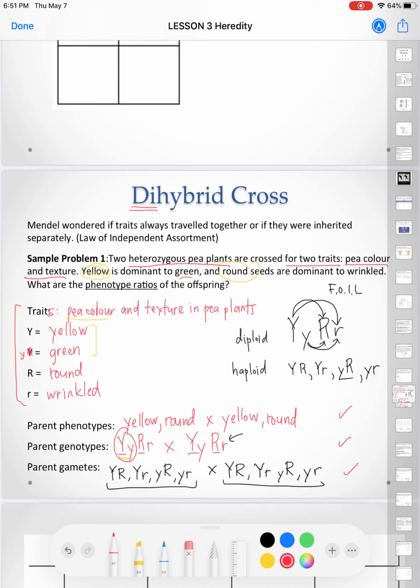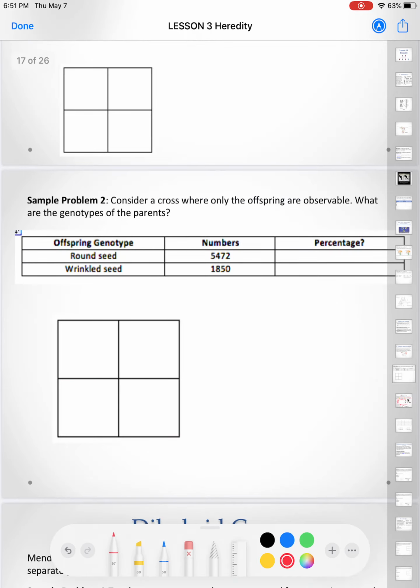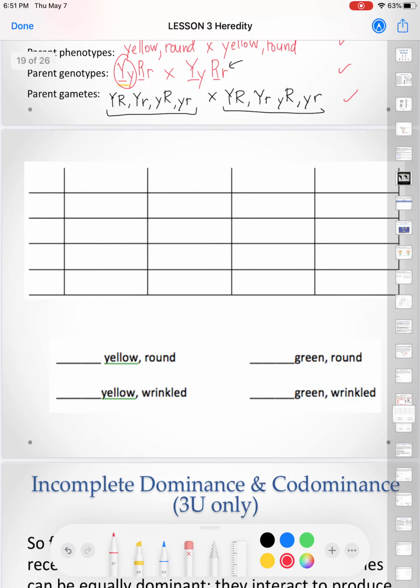Okay. So now we have to take these 4 gametes from each parent and put them into the Punnett square. Okay, so let's do that. All right. So you can see now your Punnett square is pretty darn big. It doesn't matter which gametes you put on the top, which gametes you put along the rows. Let's go ahead and just put them in.